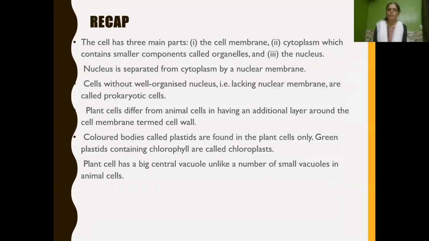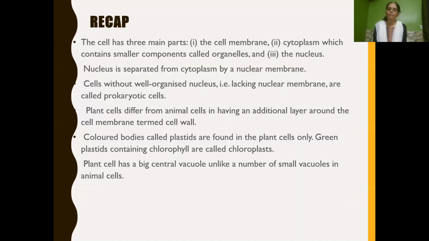And so children, till now we have learnt about the three main parts of the cell, that is cell membrane, cytoplasm, which in turn contains smaller components called organelles, and nucleus. And the nucleus is separated from the cytoplasm by its membrane called the nuclear membrane.